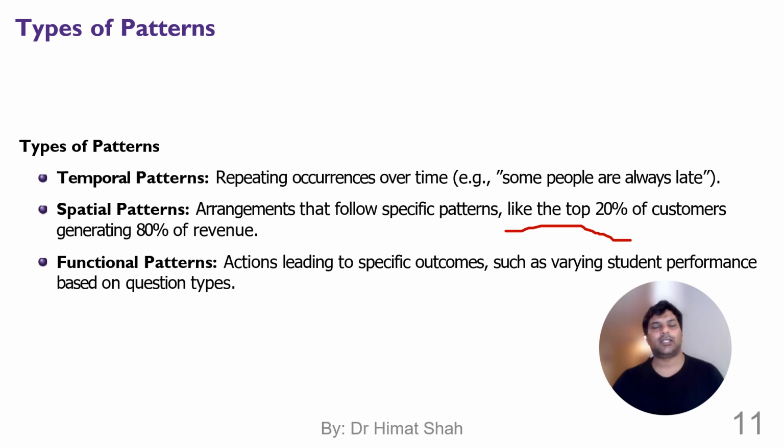If the store is far away from the city, people don't go there. If the store is located in the main city, closer to where people live and go, this affects the business too. And number three, a heat map shows website user clicks, how many times a user clicks on the website. So these are the spatial patterns.